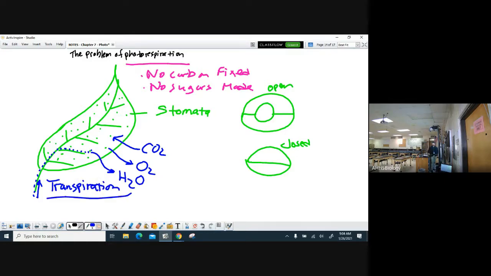Okay, you with me so far? That's how plants get water up. They let some water evaporate out, and that brings more water up to the leaves. There's a problem here. When would plants want to close their stomata so that this doesn't happen?